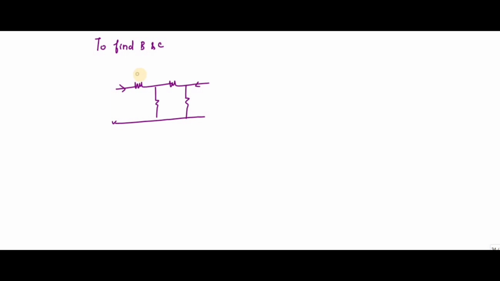Next, to find the values of B and D, the V2 value must be equal to 0. If V2 is 0, I have to short circuit V2.